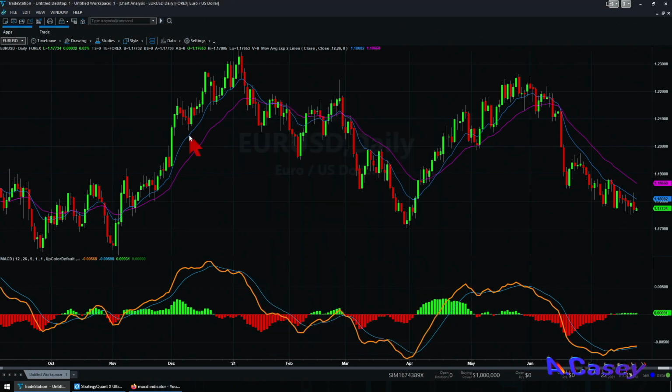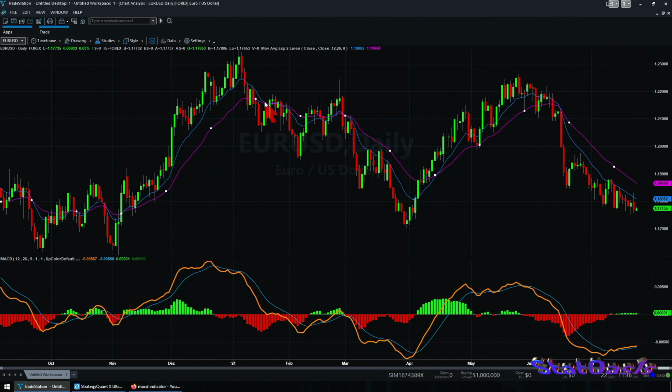So here I painted the 12 exponential moving average, and this is the 26. So you can understand how it is working. This line, the orange line, is the 12 minus the 26. So when the fast one, which is the 12, is above the 26, which is the slow one, then you can see that this orange line will be above 0.